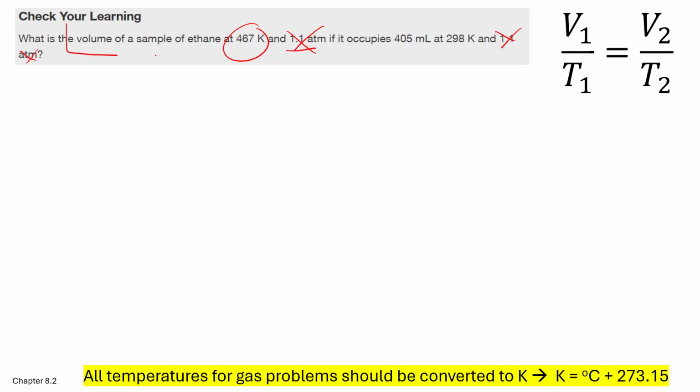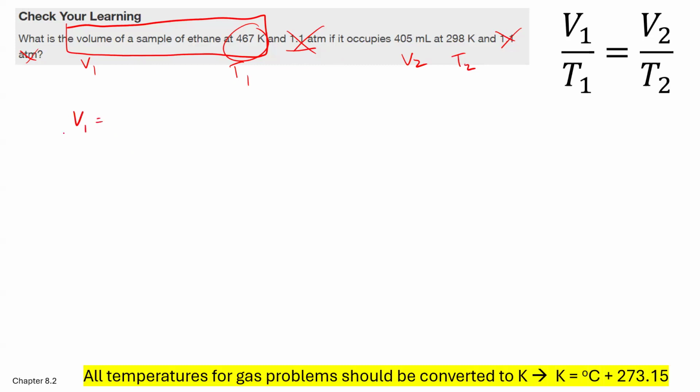We're looking for volume, and we can call this V1. We can call this T1. This is going to be V2 and T2. You don't have to do any conversions there. So let's just plug it in.